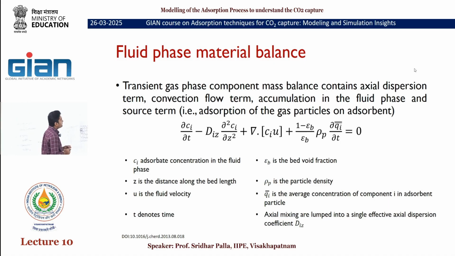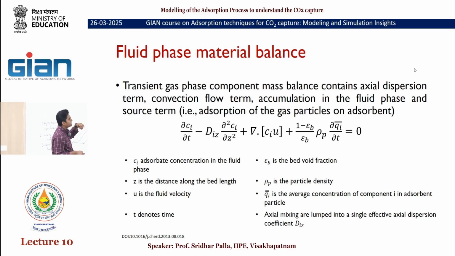So first, starting with the fluid phase material balance, this is the equation for the fluid mass balance. This contains the accumulation term, that is dou Ci by dou t, and there is an axial dispersion term. When the gas is entering the bed, we have a convection term and also a diffusion term. This is a dispersion term, and we have a convection term through the bed in the axial direction.